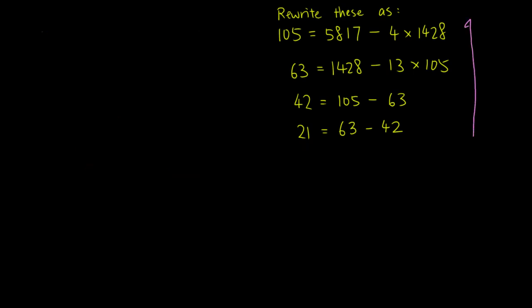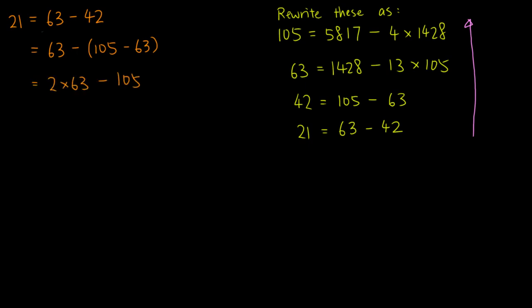Then, we can work our way backwards to write 21 equals 63 minus 42. And then we can substitute the expression for 42 in the second last line to write this as 63 minus bracket 105 minus 63, which is 2 times 63 minus 105.